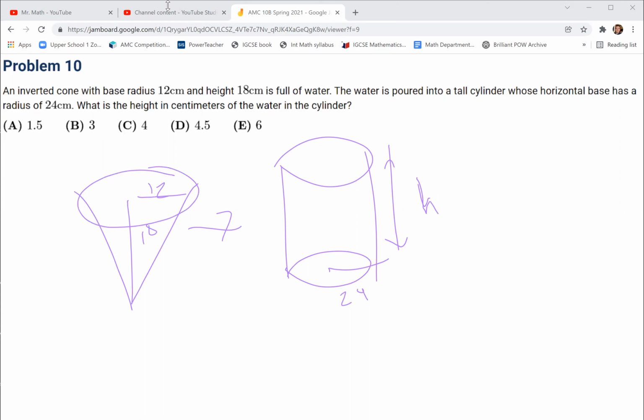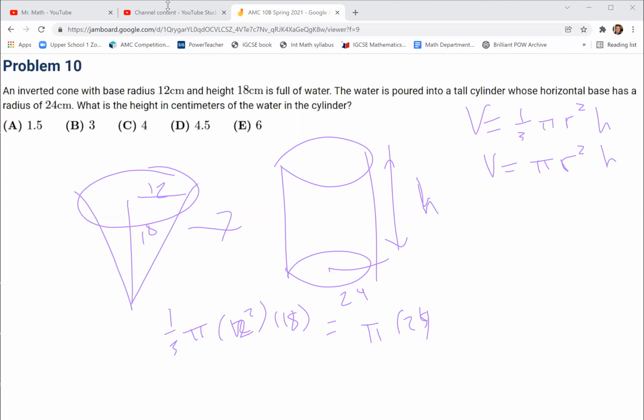What's the volume of the cone? 1/3 pi r squared h, right? The volume of, I'm sorry, the volume of a cone is 1/3 pi r squared h, and the volume of a cylinder is pi r squared h, right? So we want this to be equal to pi 24 squared, whoops, sorry.